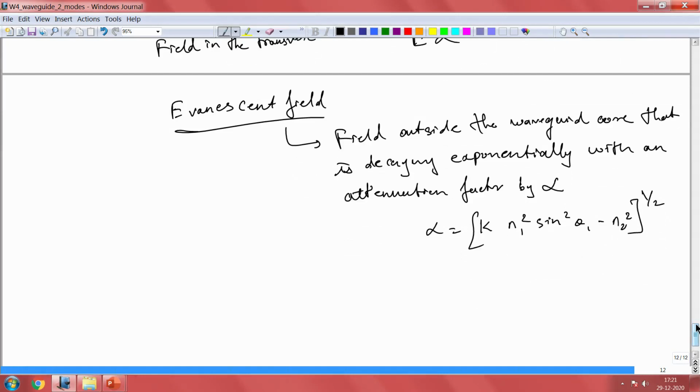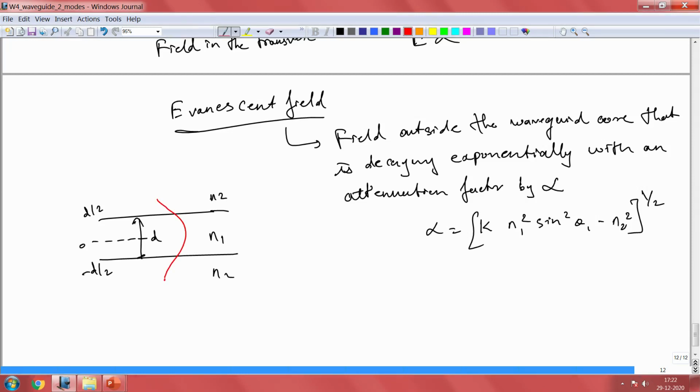So, if you really want to know how quickly the attenuation happens, again we can do it here. Let us say n1 and n2 in both the directions, and this is 0 and we know this is d, and this is d by 2 and minus d by 2. The field we saw is going to be like this.